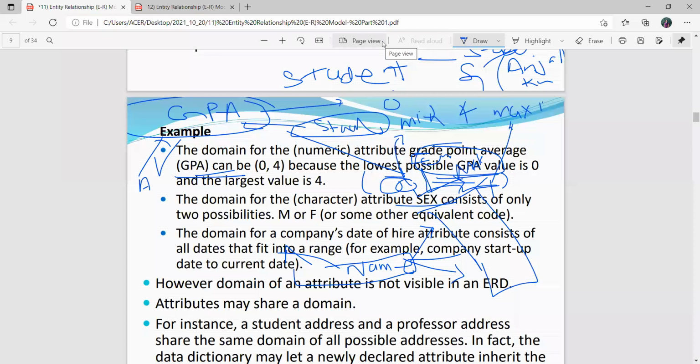But when we consider attributes like name and address, there is no domain range. There are so many examples of unlimited domains, where you can use any data set.